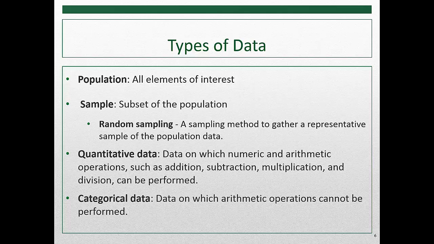The number of companies in the Dow that are in the telecommunications industry can be counted. Some other examples regarding quantitative data are the height of a person. It is quantitative data. Categorical data, the gender of a person, male, female, they are categorical data.